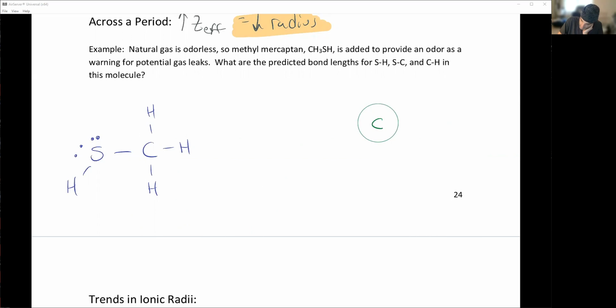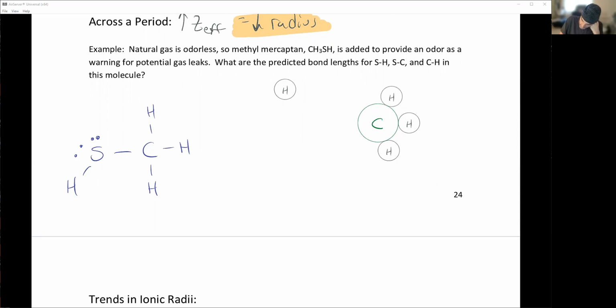And of course, it has 3 hydrogens attached to it. So I've got 3 hydrogens: 1, 2, and I'll move that other one in just a second. There we go. So those are my 3 hydrogens attached to it.